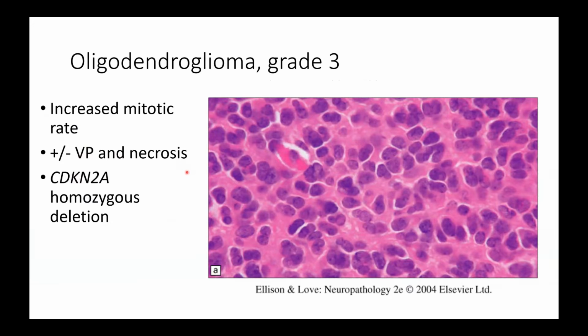More recently, the presence of homozygous CDKN2A deletion has been offered as a surrogate biomarker for grade 3 behavior in oligodendrogliomas. But in the absence of CDKN2A deletion, the grading of oligodendrogliomas can be fairly fuzzy and of occasionally limited utility. The survival of these tumors is far and away better than the astrocytomas, even at comparable histologic grades.